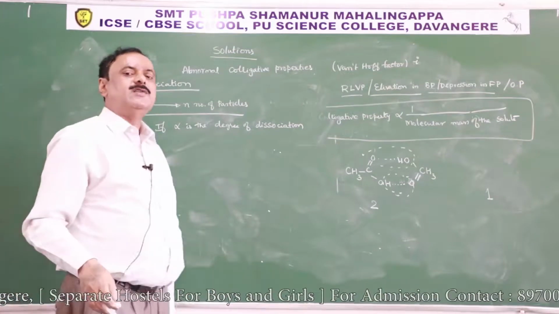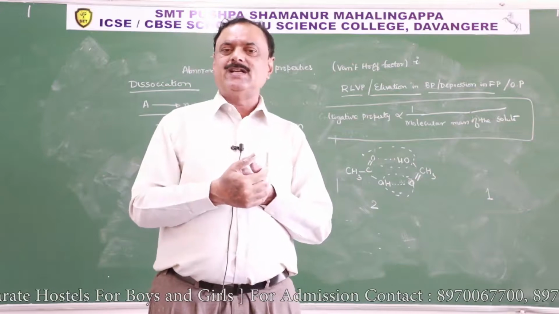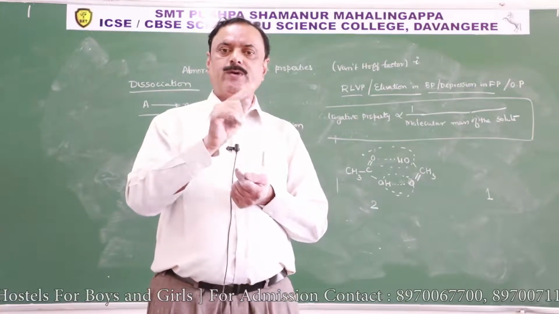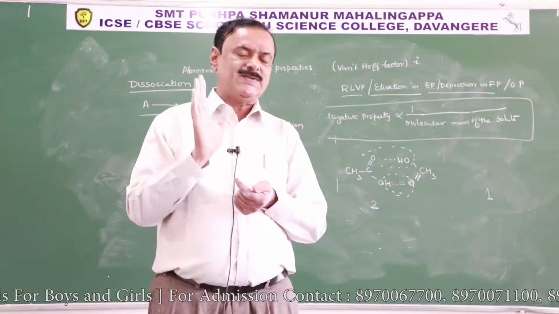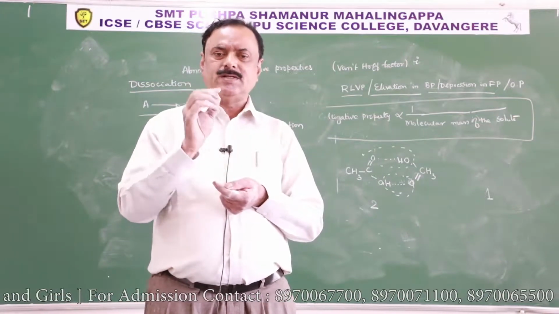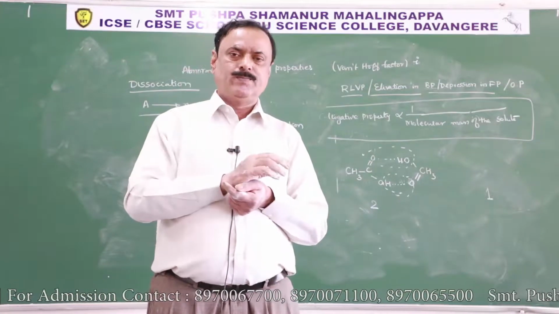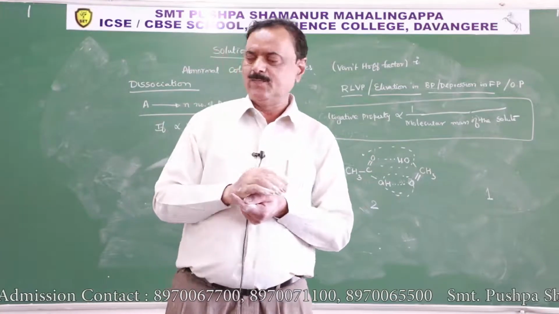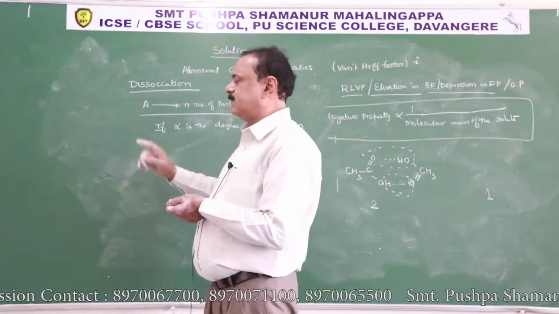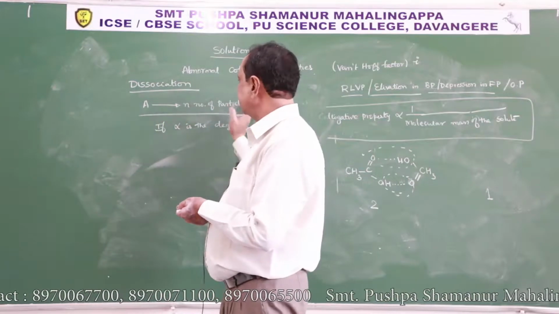The fraction of the molecules that ionizes or dissociates out of 1 mole is called the degree of dissociation. Assume 1 mole of the reactant dissociates to give rise to n number of particles.